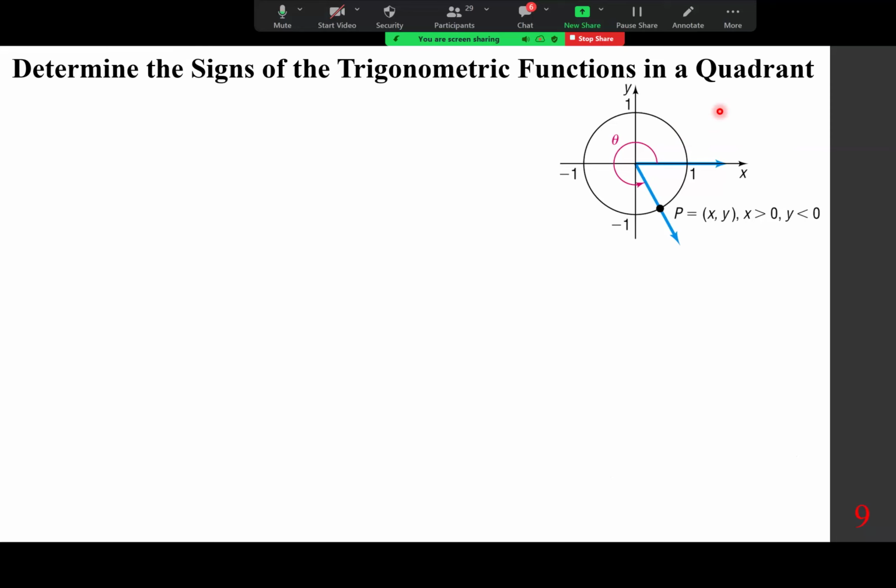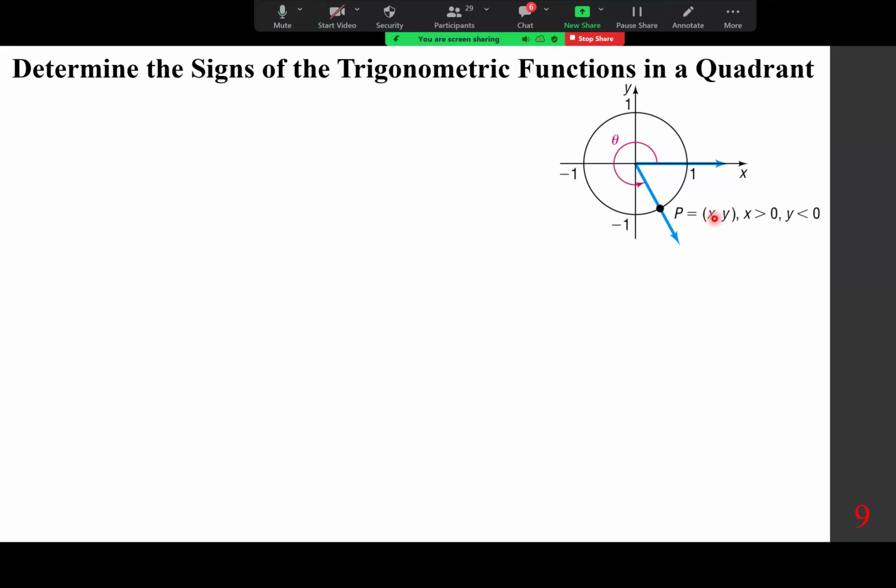X represents cosine, y represents sine. But for example, if we go to the second quadrant, x becomes negative. That means cosine is negative. If we go to the third quadrant, both x and y are negative. That means x representing cosine and y representing sine, sine and cosine are both negative.